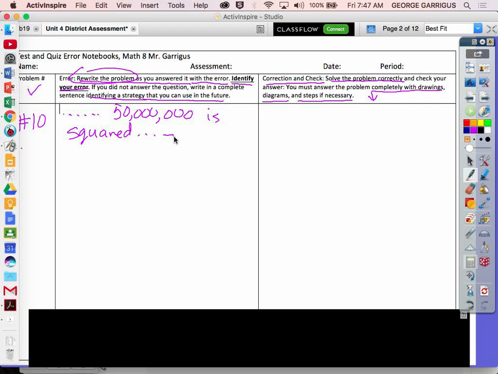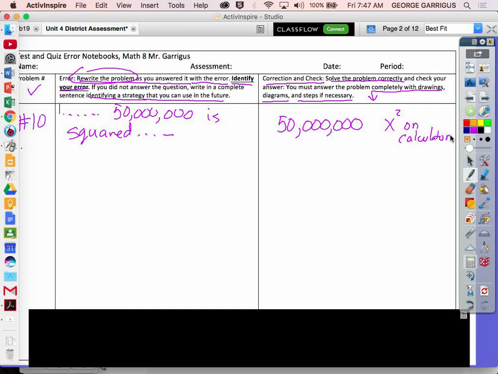And now I do the correction in the check, and I do it just the way I did it on the other page. So I would say, okay, well, I have 50 million, and I'm going to do x squared on the calculator.